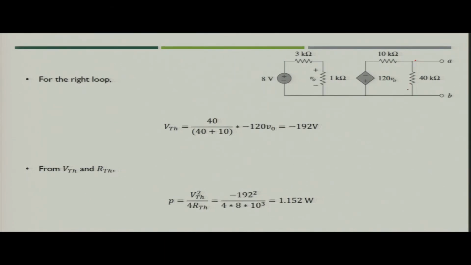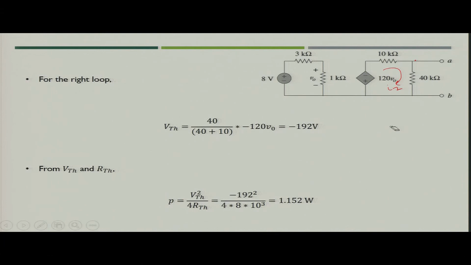You will get again the voltage divider circuit, or alternatively you can write the loop equation, say for I2. So, I2 would be nothing but the voltage, which is minus 120 V naught, divided by the total resistance. So, let us write the complete equation.